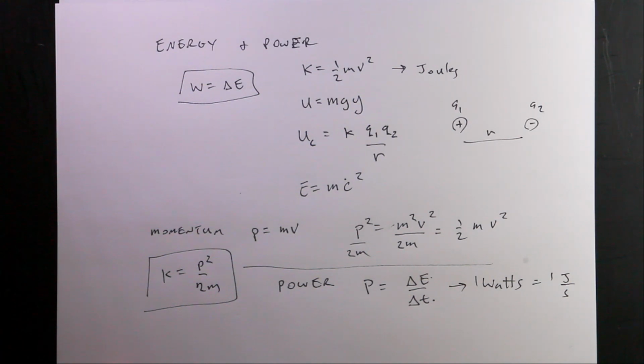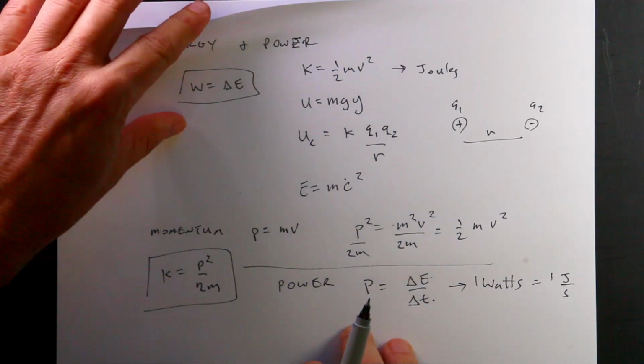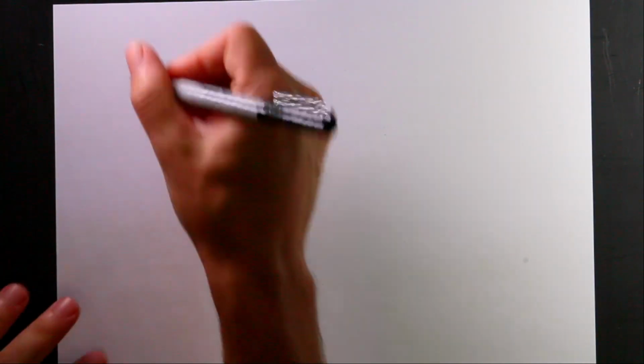Another common unit of power is horsepower, but I don't think that you'll see that. You may see something like kilowatts. A kilowatt is just 1,000 watts. Okay, again, going back to that prefixing. Okay, that's energy. Let's talk about the Bohr model of the atom.